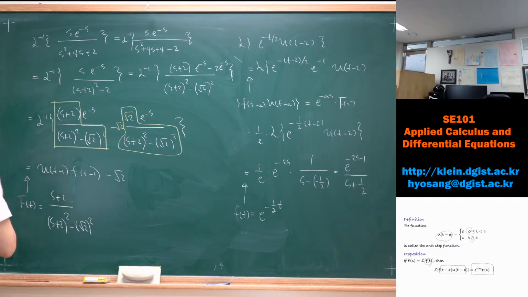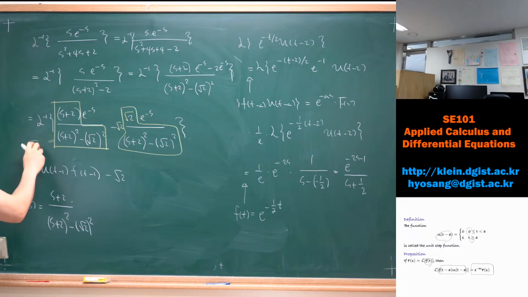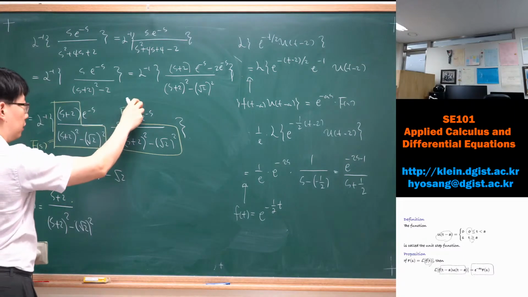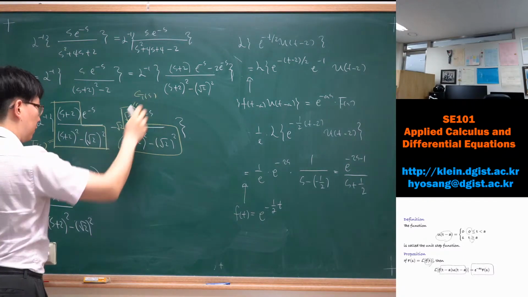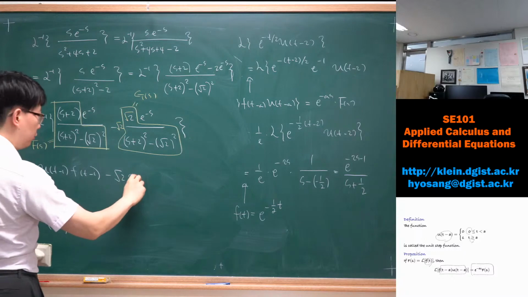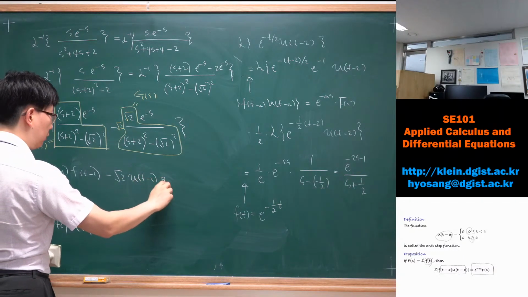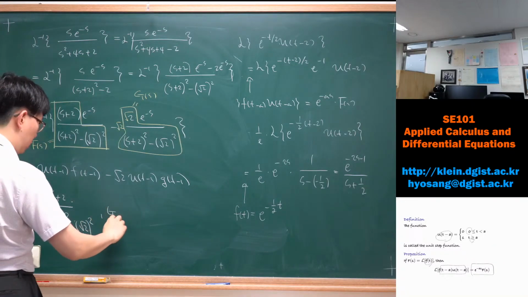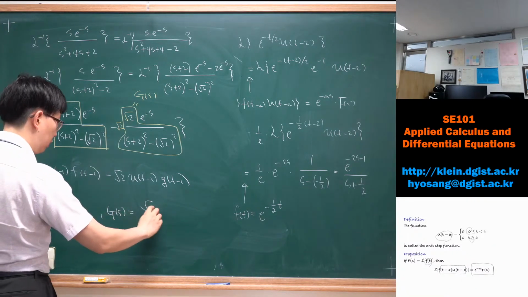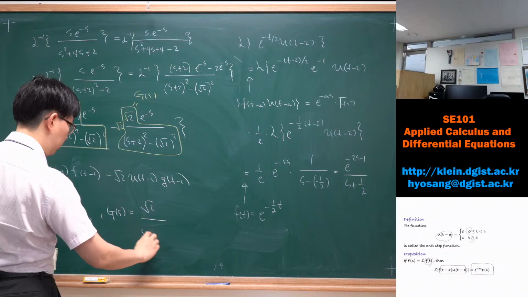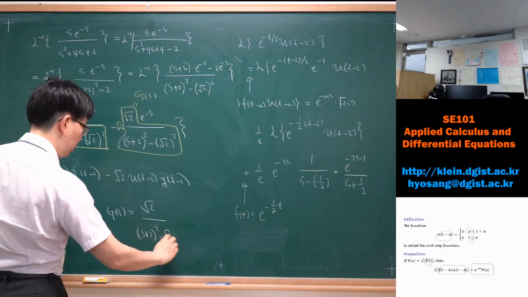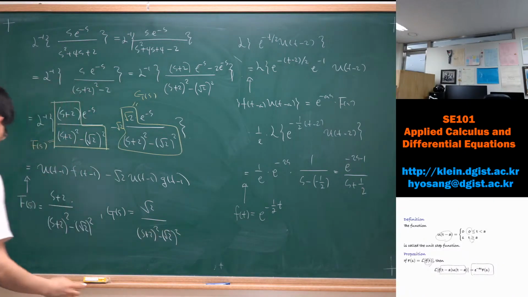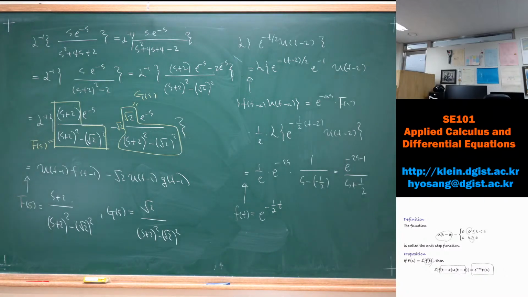This guy is large F of s, and I'm taking this guy as g of s. And then u of t minus 1, g of t minus 1. So here g of s is given by square root of 2, s plus 2 square minus square root of 2s.